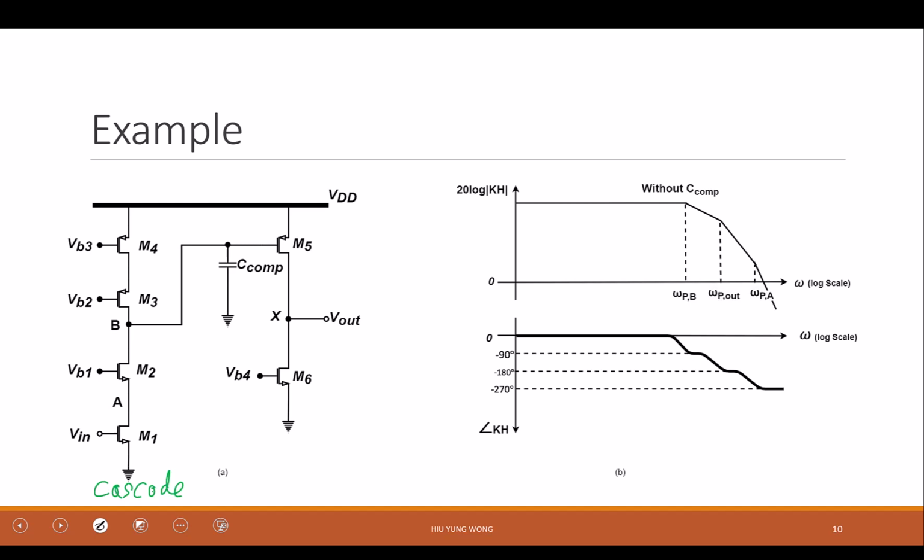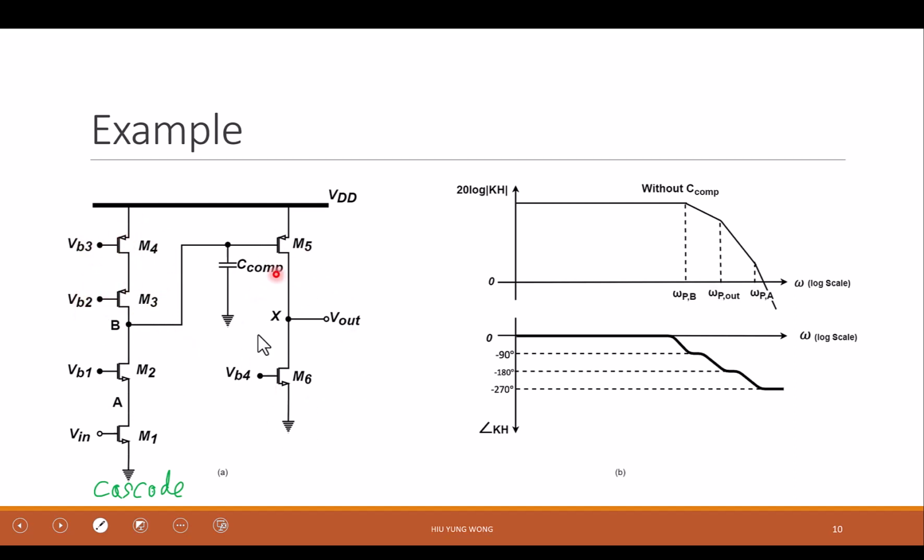And everyone agrees? Yeah, because the input is to here, output is here, it is a Cascode amplifier. What is this? Current source. Right, it's just the biasing circuit with a constant bias, right?